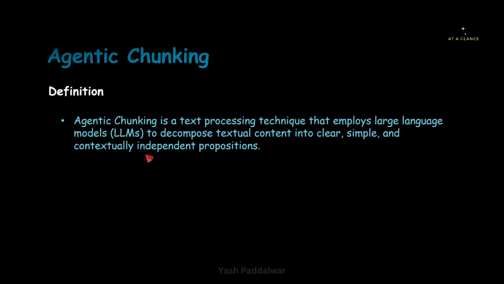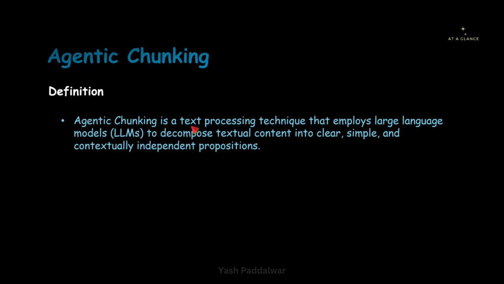Agentic chunking strategy. So let's have a look at what exactly this agentic chunking means. First, we'll see the official definition of agentic chunking. By definition, agentic chunking is a text processing technique that employs large language models, that is nothing but LLMs, to decompose the textual content into clear, simple, and contextually independent propositions.